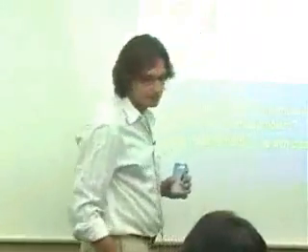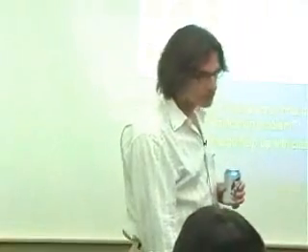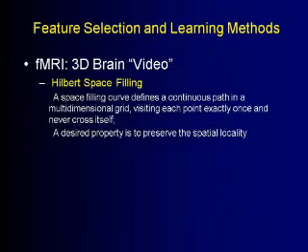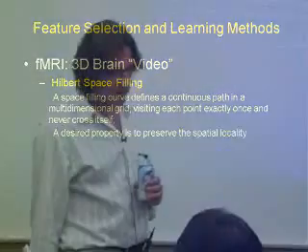And is time important in finding discriminative features? That's the next question we asked. So now, for each voxel, you get a time series. We're not that good in time series analysis, so we tried a couple of naive things. First, as I've said, we thought of the 3D brain video. The question is, how do we find neighborhoods and features and so on?